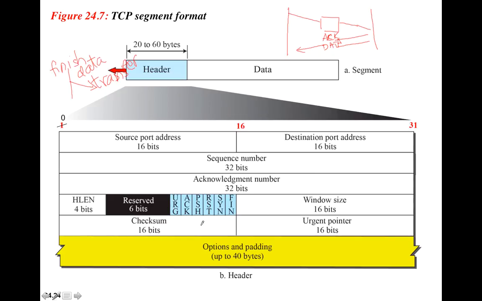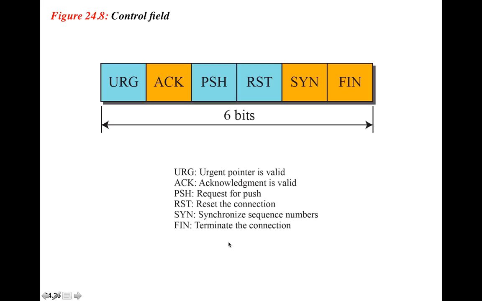And then we have checksum for error detection, and we have the urgent pointer, which is used along with the urgent bit. We have options and padding for up to 40 bytes. So these are the 6 bits that we have already discussed.